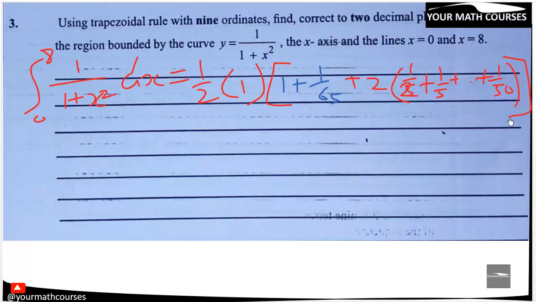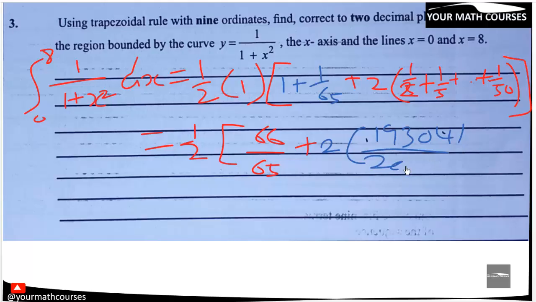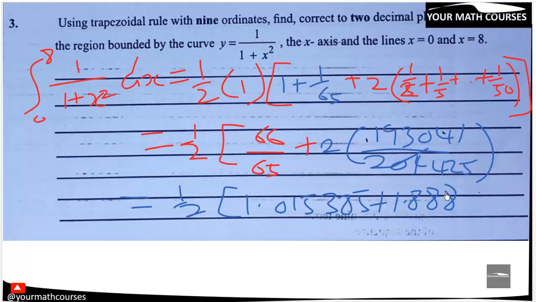So when we add all this, we are obtaining 1 over 2. Then we have 66 over 65. Then we add it to 2 times 193,041 all over 204,425. So this will simplify to 1 over 2 times 1.015385 plus 1.888624.